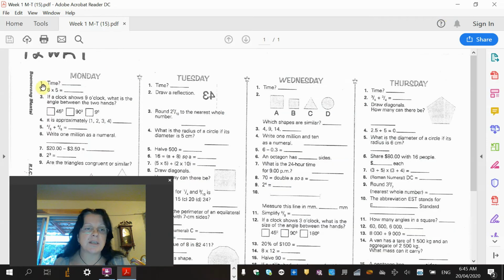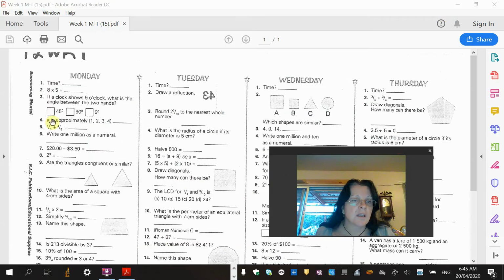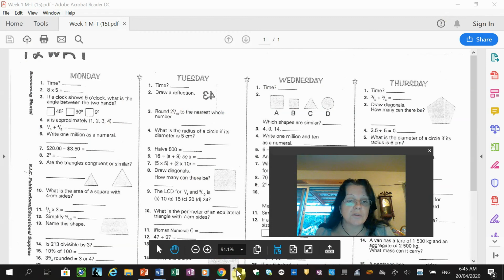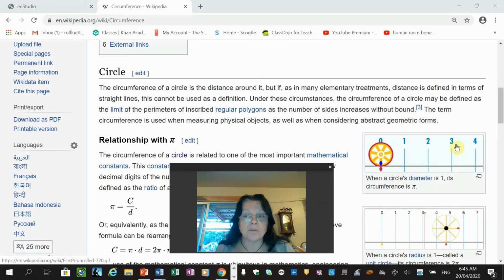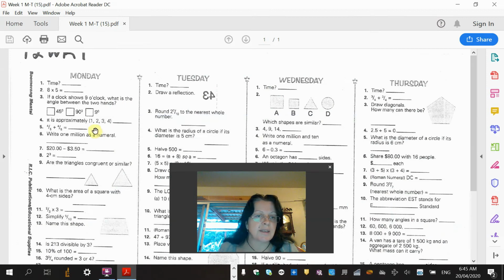So the question in our Maths Mentals is, pi is approximately 1, 2, 3, or 4. So if we look at that and we can see that pi is 1, 2, 3, here we go again, ooh, not even halfway, not even near 4. What is the answer going to be? Is it going to be closer to 3 or is it going to be 4? It's definitely not 2 and 1, so you can write your answer down there.